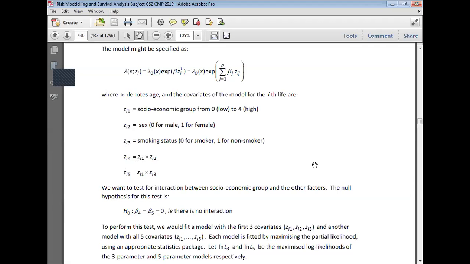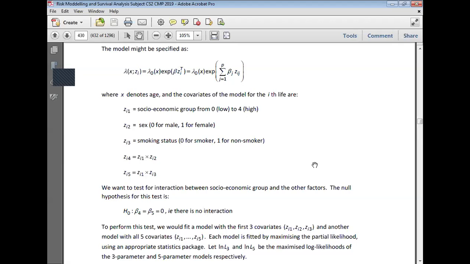So what's happening here is basically sometimes you might think that there is some association between the mortality of people who come from a particular socio-economic group and a particular gender. So to check that, we create another covariate, which is the interaction between these two variables.